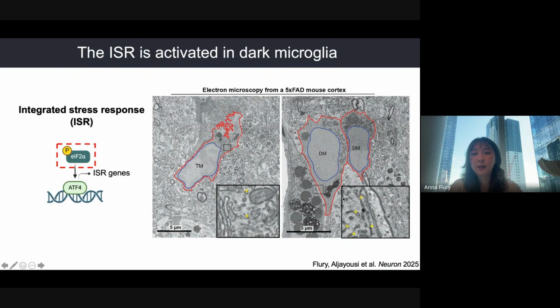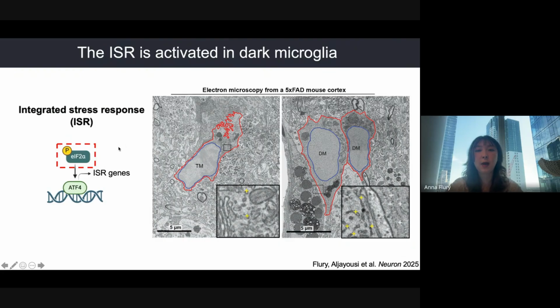So the yellow plus here indicates intact endoplasmic reticulum, and the white plus indicates endoplasmic reticulum with phospho-EIF2 alpha staining. So you can see that it's sort of punctate staining here in the endoplasmic reticulum. So we found that the majority of dark microglia did have phospho-EIF2 alpha staining here.